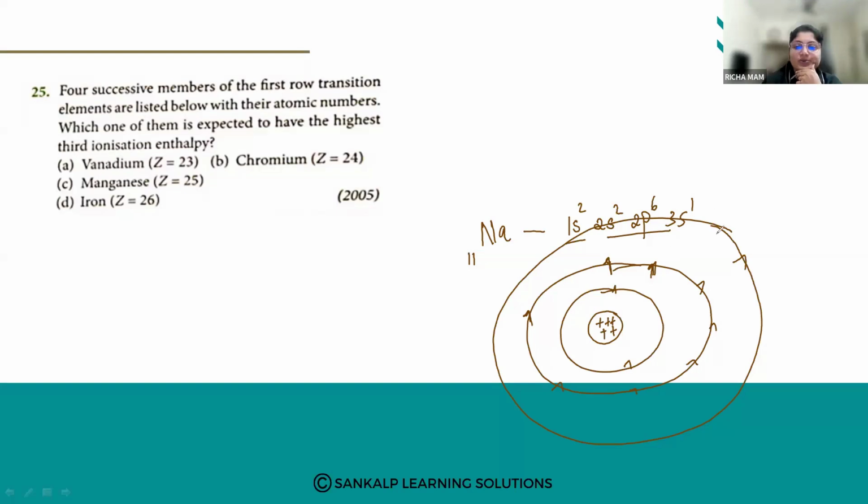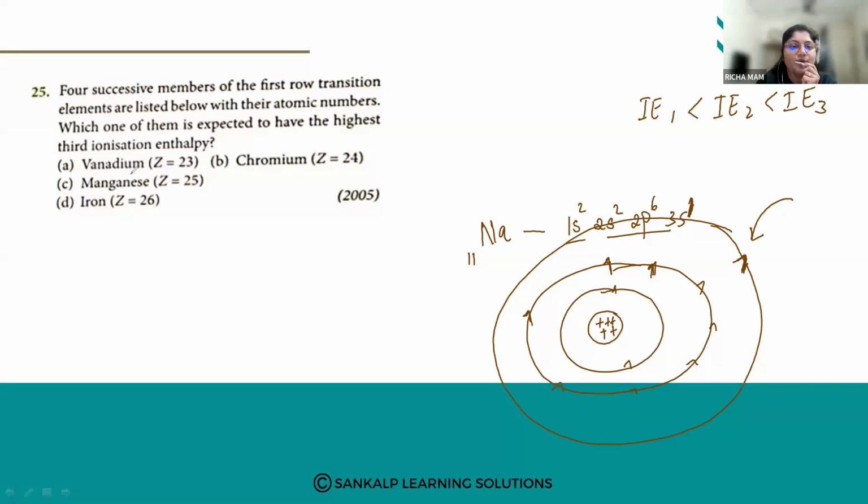So when you want to remove the electron, the energy which is supplied to remove this outermost electron from an isolated gaseous atom is nothing but the ionization enthalpy. So the first ionization enthalpy is always less than the second and then the third.